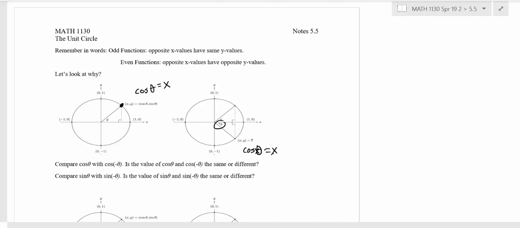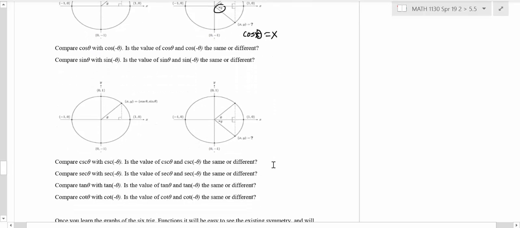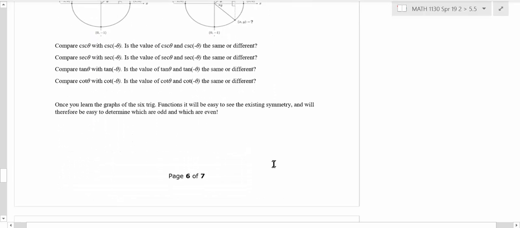If you do an angle and a negative angle, x is the same. The sine is the opposite. The sine is a y value, so you have a positive y there and a negative there. That's how you can look at that unit circle real quick and figure it out. The tangent's the same thing. It would work the same way as the sine. I'm not going to do anything on that page, I don't think.